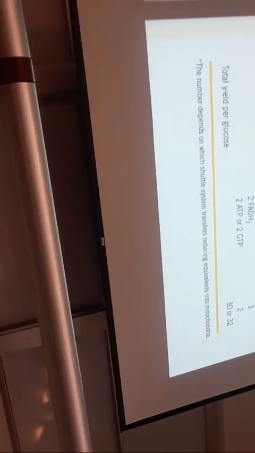So if we just look at the energetics of glycolysis, we've seen that under anaerobic conditions, but also under aerobic conditions, we produce 2 molecules of ATP. But we also produce 2 molecules of NADH, which under anaerobic conditions didn't do us any good, energy-wise, but under aerobic conditions can be utilized to produce ATP.